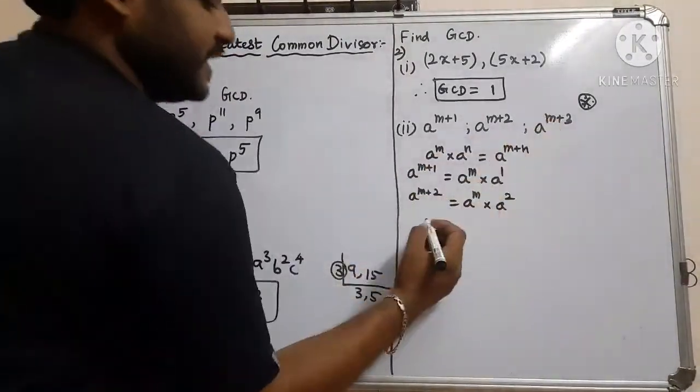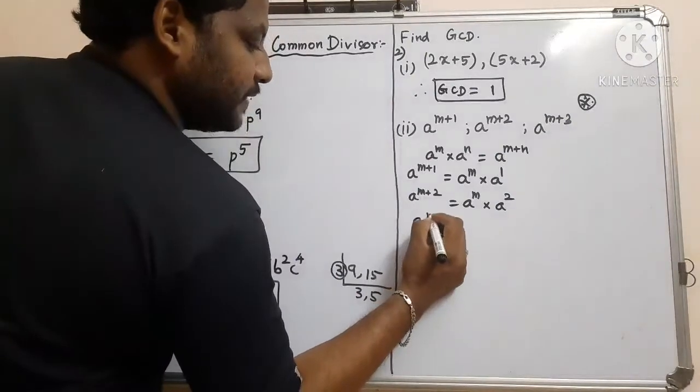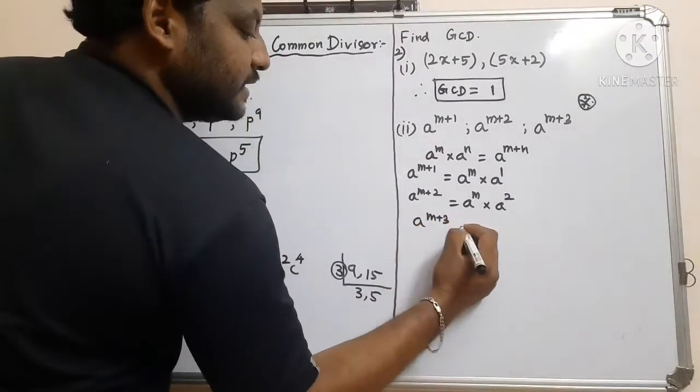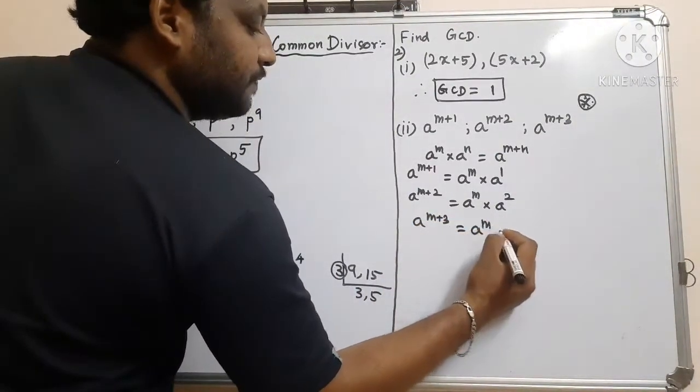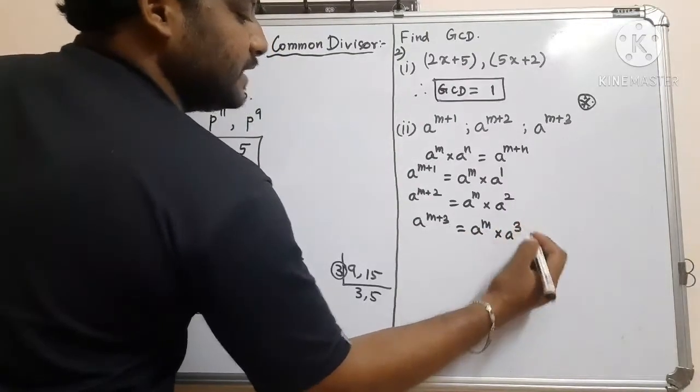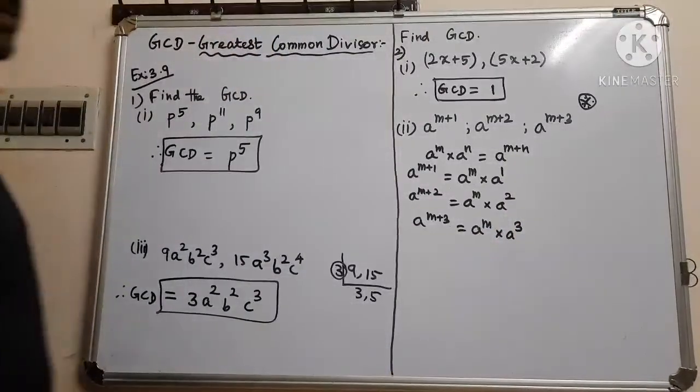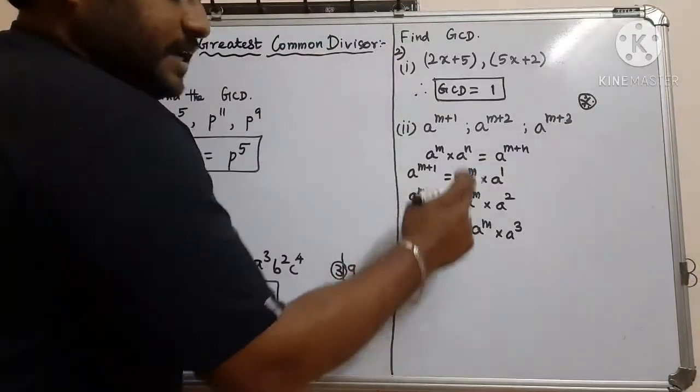The third term, a power m plus 3, can be written as a power m into a power 3. Clear? Now, look at these three terms.